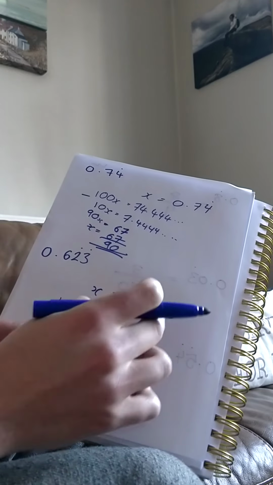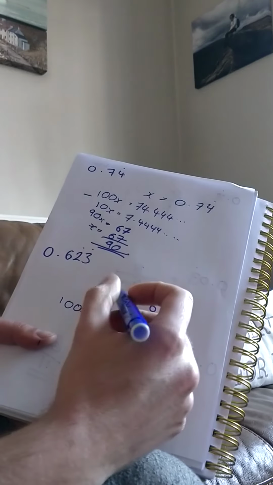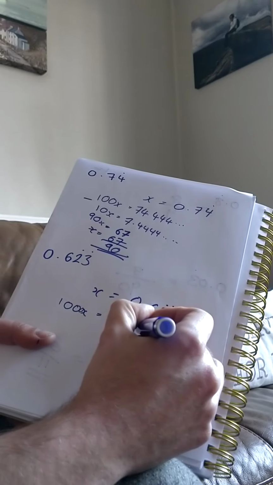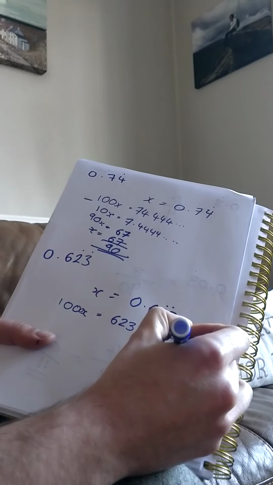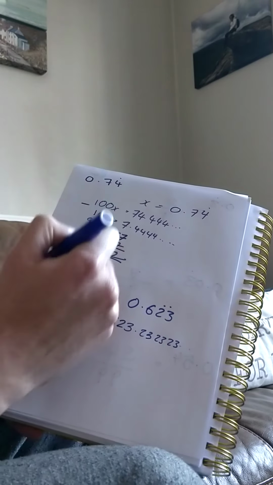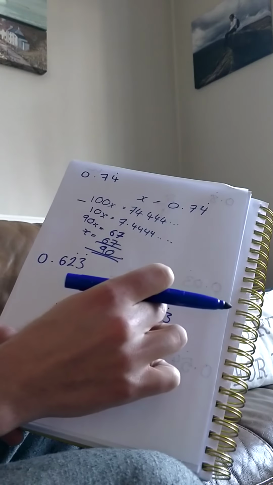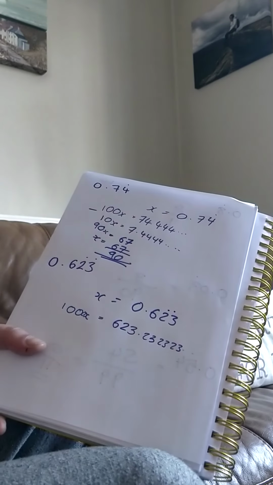You've got to be very, very careful for how many decimal places you need to move. So we do 1000x this time, and that gives us 623.2323. You always want to get it after that bit in front of the decimal point. To get the decimal point there, we go 1, 2, 3, 3 zeros, so we've got to times it by 1000.